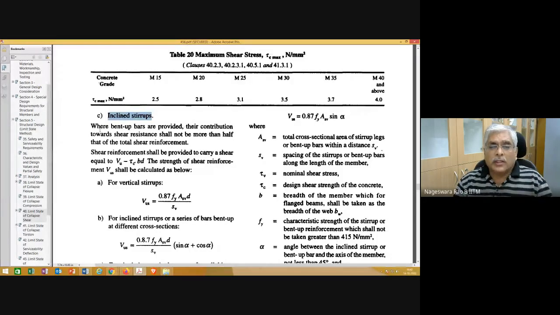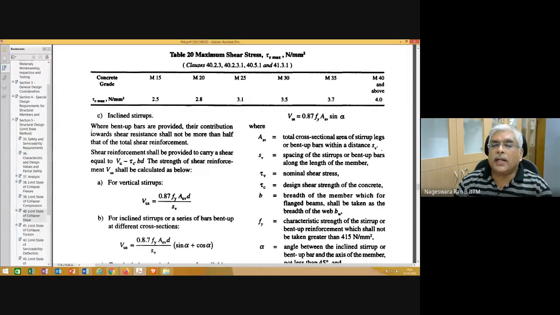Anyway, let's read this. When bent up bars are provided, their contribution towards shear reinforcement shall not be more than half that of the total shear reinforcement.